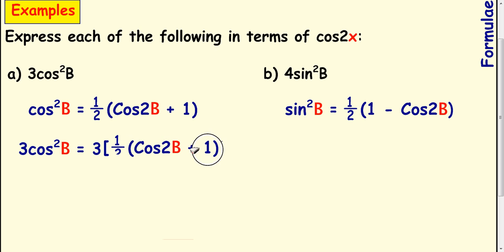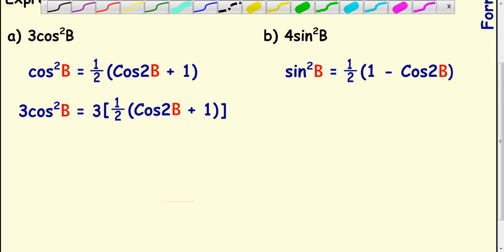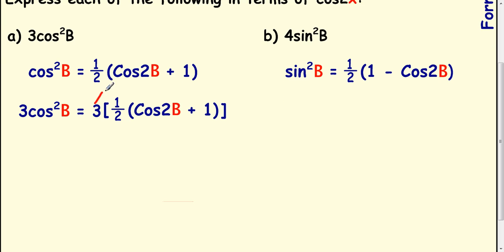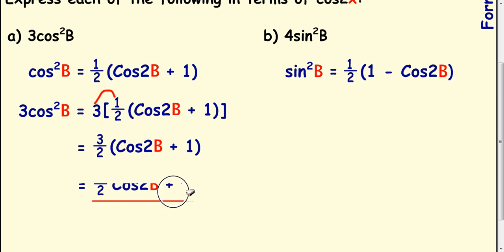So to do that, I've used square brackets, because I've already got curved brackets there. Now to multiply this out, do this first, multiply the 3 by the half, and whatever that comes to, you can multiply the curly brackets with. So 3 times a half is 3 halves times that, and then that's 3 halves times cos 2 beta and 3 halves times 1, which is this.